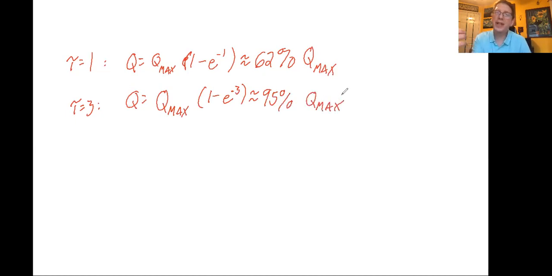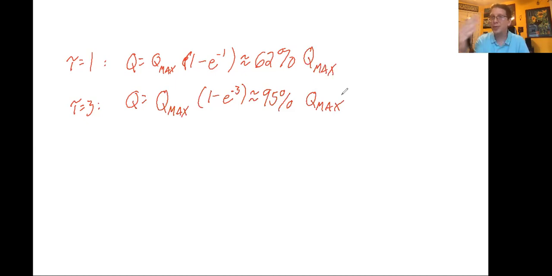So you can think of it as that after 1 time constant, it's 62% of the charge. Between tau equals 1 and tau equals 2, you've gotten 62% of the remaining charge.